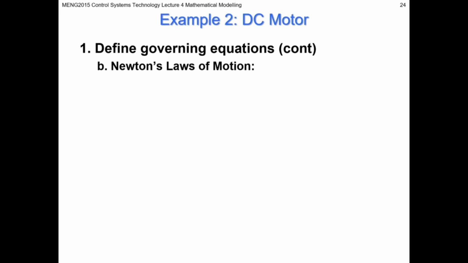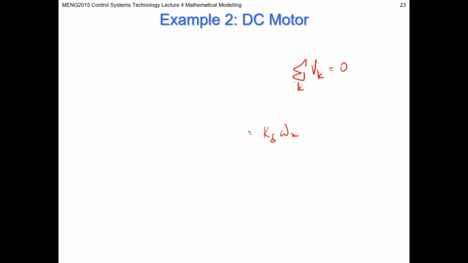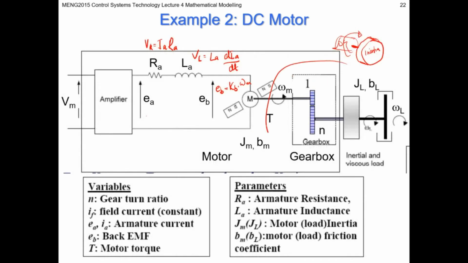Let's look at another defining governing equation. We also have Newton's laws of motion at work. Why? Because we're accelerating a mass, or an inertia, depending on how you look at it. But in reality, we have the lump on the outside, and the motor itself also has mechanical dynamics in it.